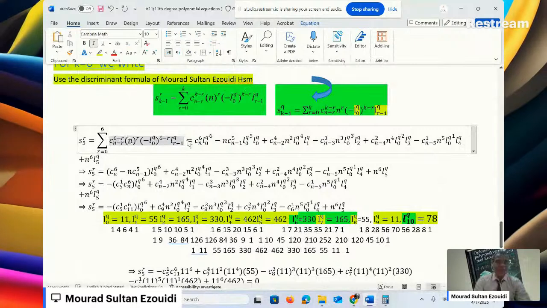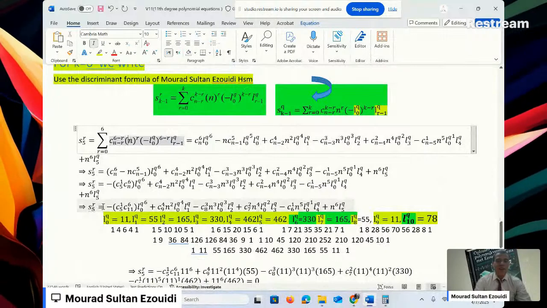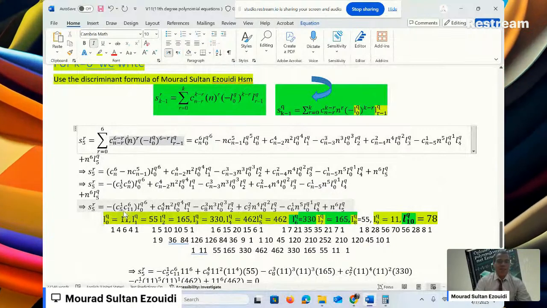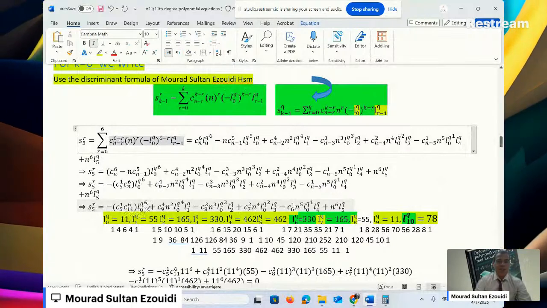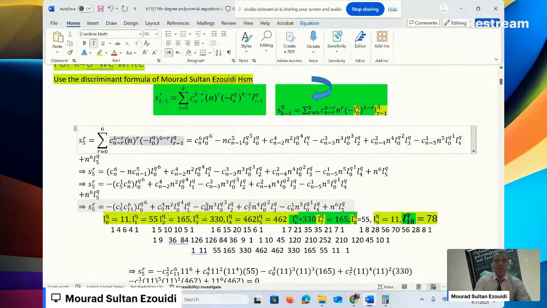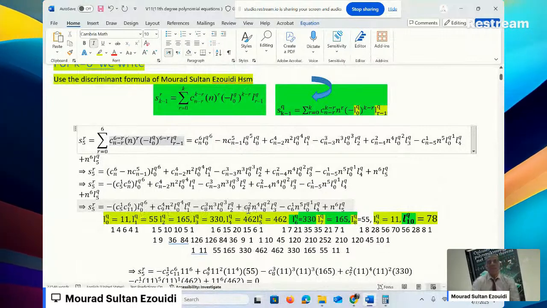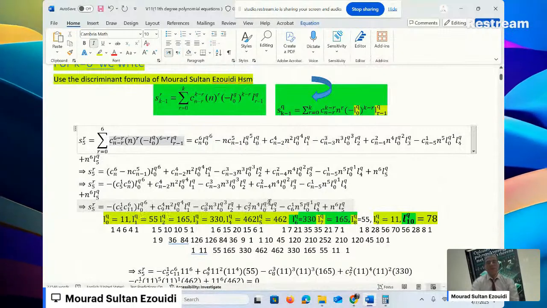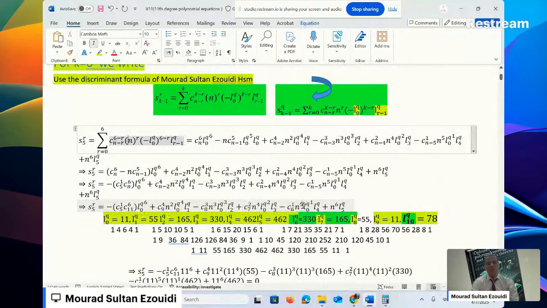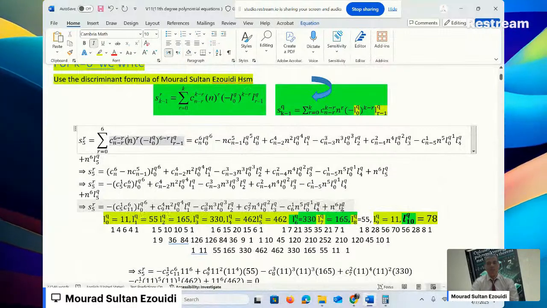So after expanding this and writing this in its lowest terms, we will write S5 as the following. Minus combination 5 plus 1, 11 plus 6, L0 raised to the power 6, plus 9 plus 4, n squared, L0 raised to the power 4 times L2, minus 8 choose 3, L0 cubed times L3, plus 7 choose 2, n raised to the power 4 times L0 squared times L3, minus combination 6 plus 1, n raised to the power 5 times L0 times L4, plus n raised to the power 6 times L5.